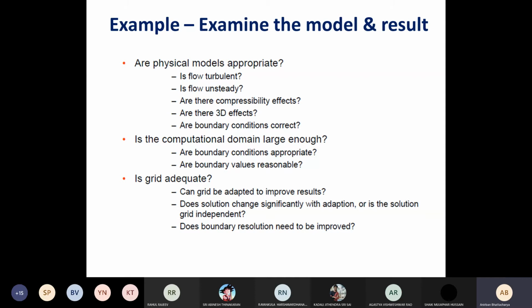If you keep on increasing the number of points, then theoretically, if everything else is correct, the discretized solution will approach the nature of the governing partial differential equations. Partial differential equations are differential in nature, so they are valid for infinitesimal volumes.